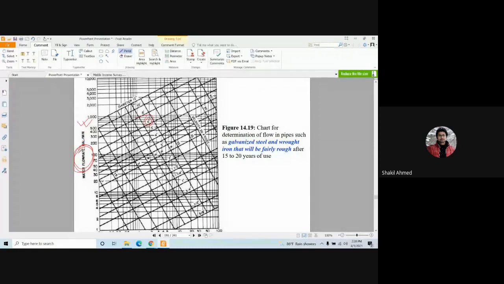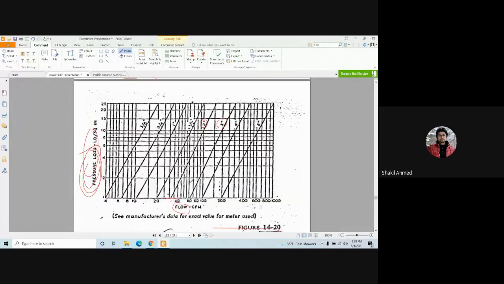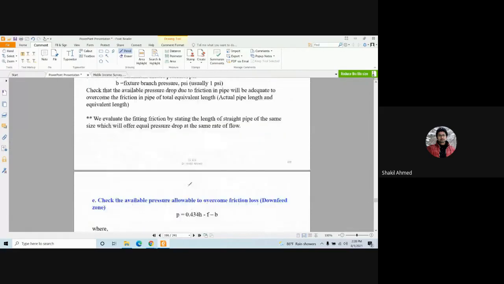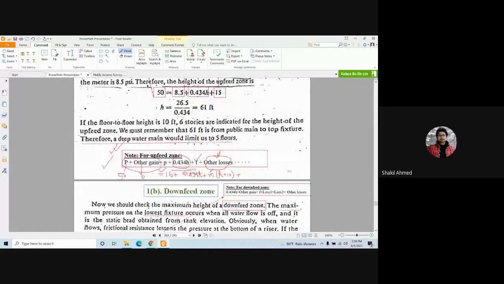You can calculate the flow rate of water, but you still did not determine the size of the pipe. So you cannot exactly tell the pressure drop, that means you cannot exactly tell the value of small m.